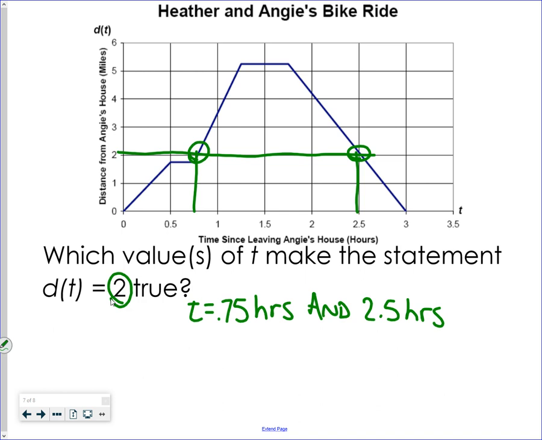So at about 0.75 hours and 2.5 hours. Both of those times are when they are 2 miles from Angie's house. So in this graph, they're going away from Angie's house and then they are coming back to Angie's house.